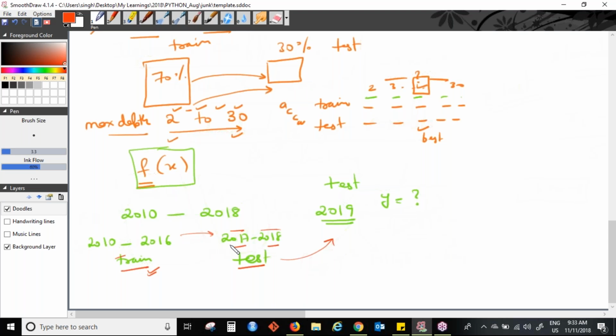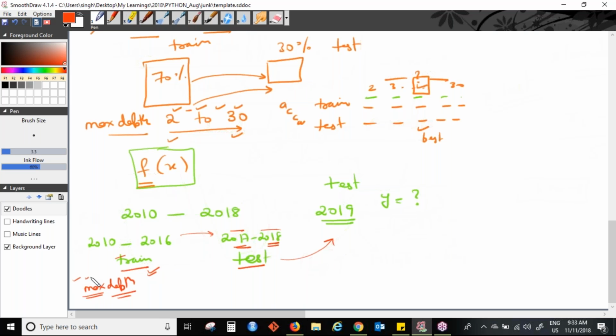The flaw in this approach is that, let's say we are running a decision tree model. Okay, so we have our max depth. Now we change the value of max depth to get the best accuracy for 2017 and 2018. This is what we would do, right?